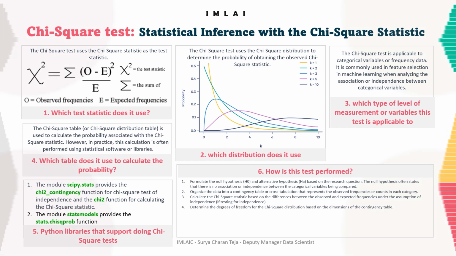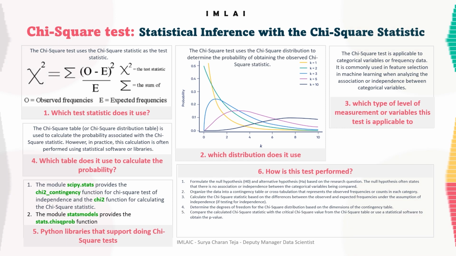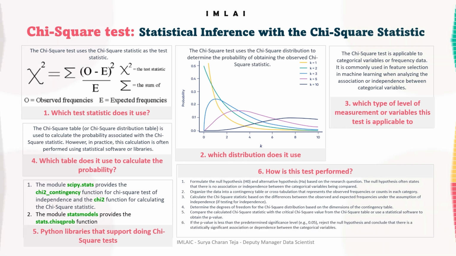Then compare the calculated chi-square statistic with the critical chi-square value from the chi-square table, or use statistical software to obtain the p-value. And last but not least, if the p-value is less than the predetermined significance level, which is 0.05, reject the null hypothesis and conclude that there is a statistically significant association or dependency between the categorical variables.